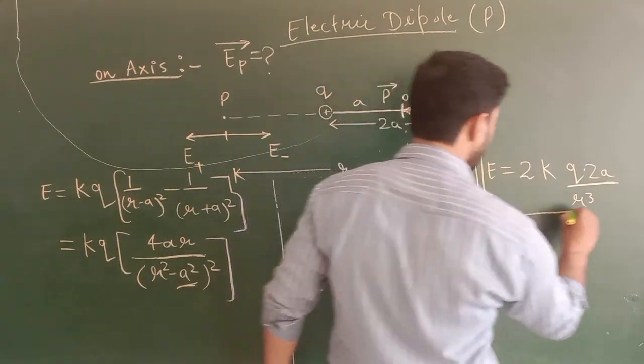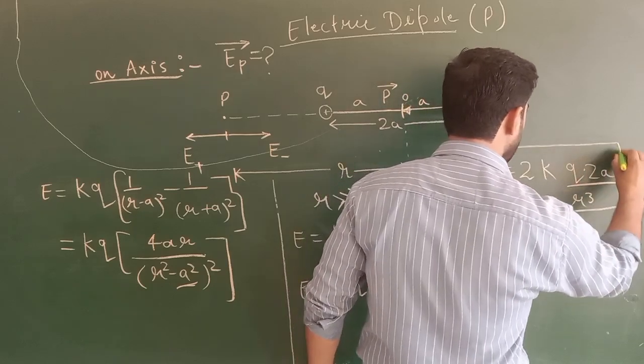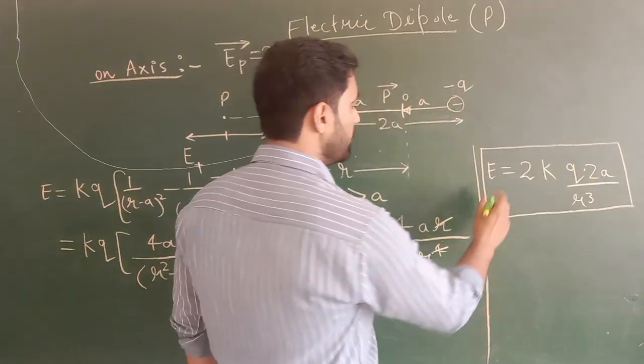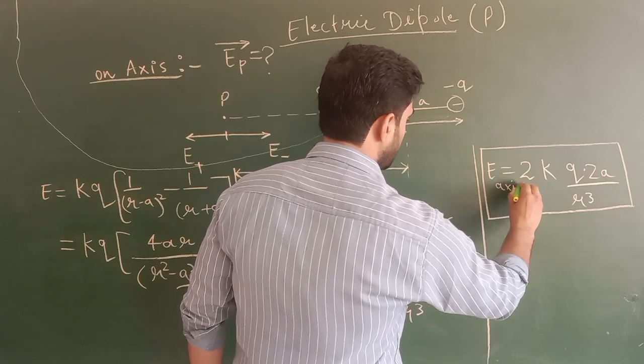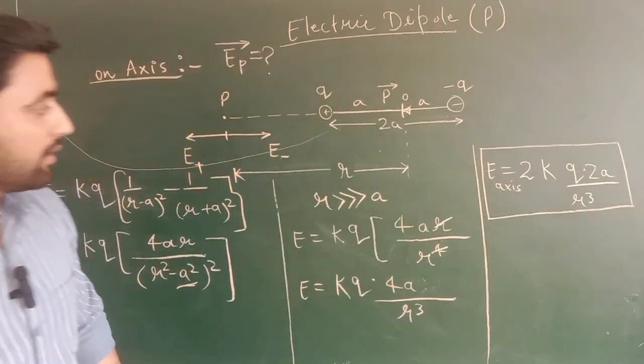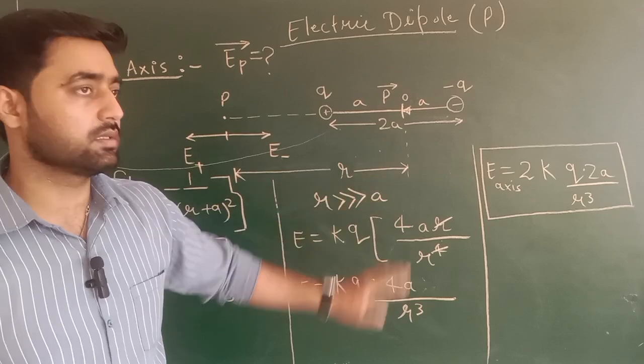So this is the value of electric field on an axial point due to a dipole. This is the value of electric field on the axis of a dipole.